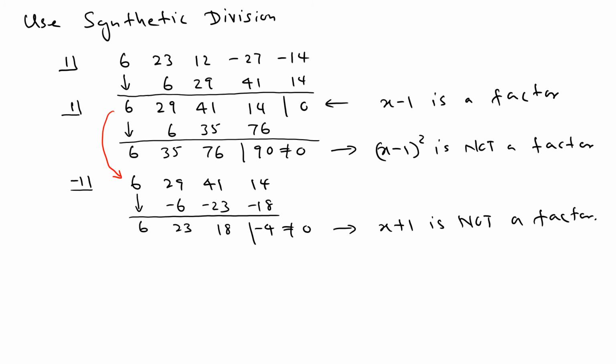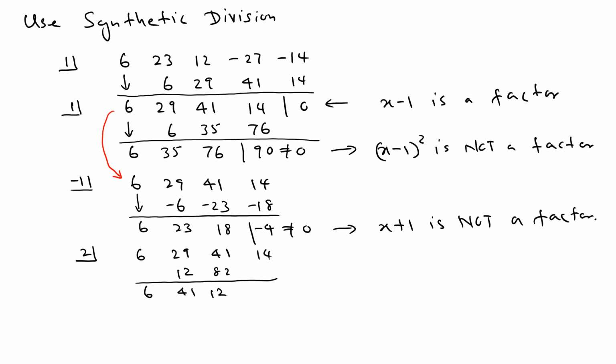What's the next number? 2. So let's go with 2. So it is 6, 29, 41, 14. So we go with 2, copy, and then do it again. So it is 12. So you get 41, and then 82.